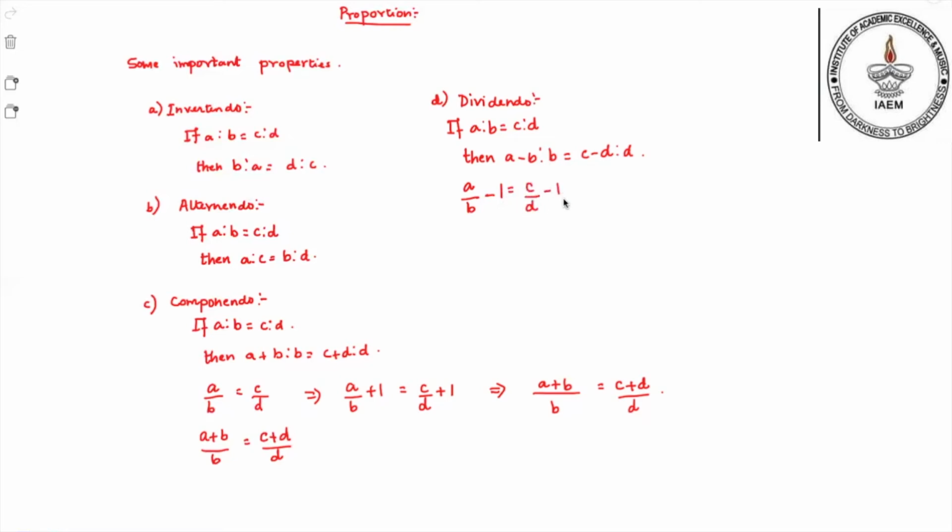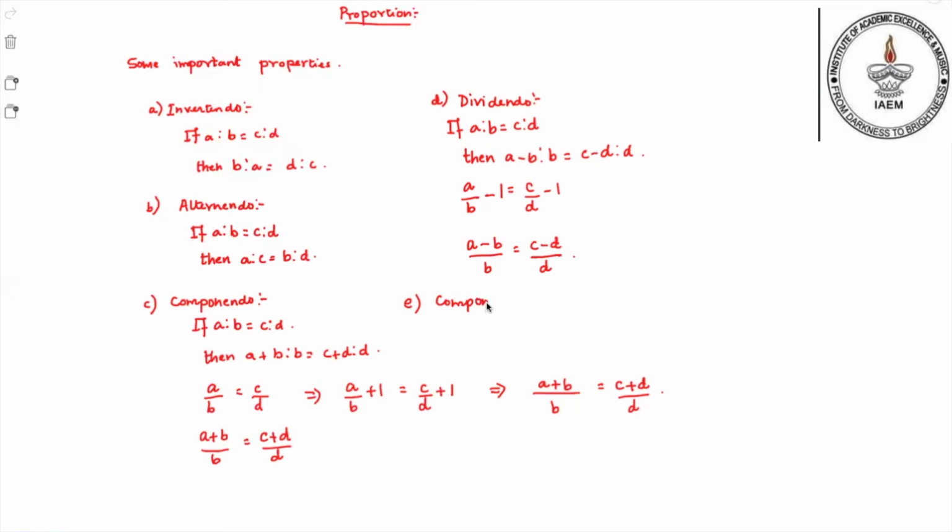That is, we are subtracting 1 from both the sides. If we subtract 1 from both the sides, we will come to A minus B by B equals C minus D by D.